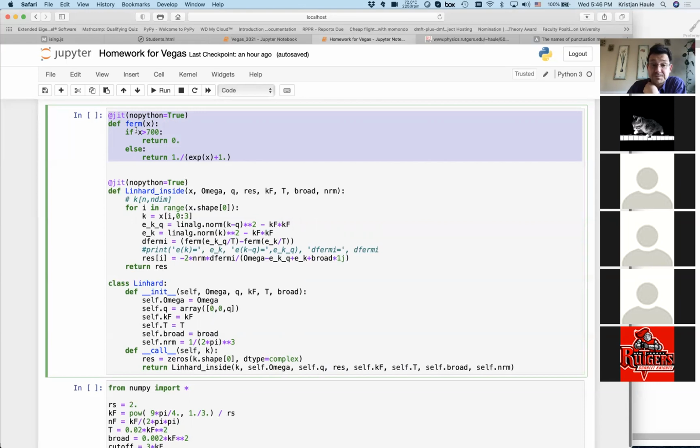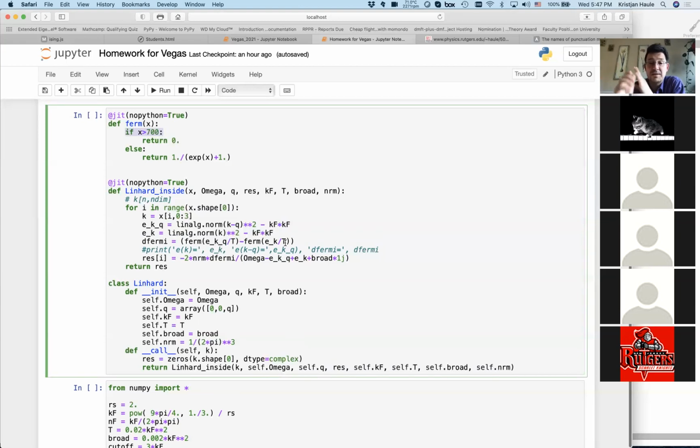And it's very important to have an if statement here, because this temperature is very, very small, and the energy can be relatively large compared to the temperature. So energy being a few hundred times the temperature is completely normal.